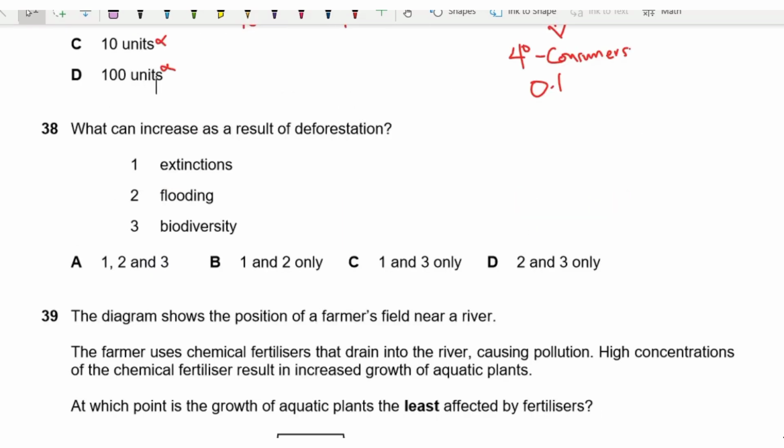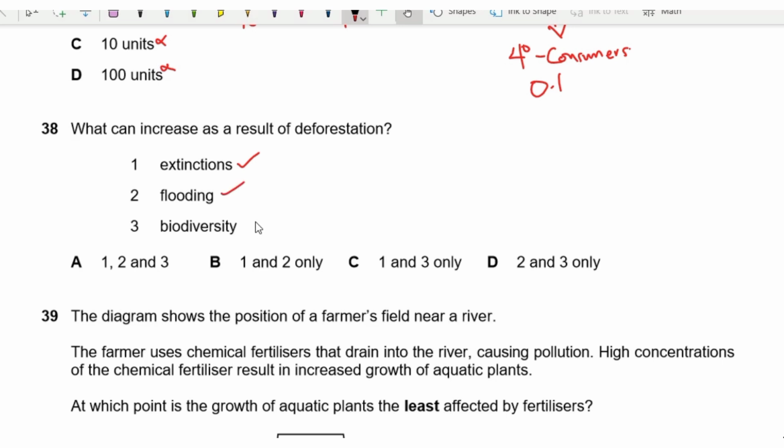Question 38 says, what can increase as a result of deforestation? So deforestation can definitely take away the habitat of organisms, which can result in extinction. It can result in flooding as well.